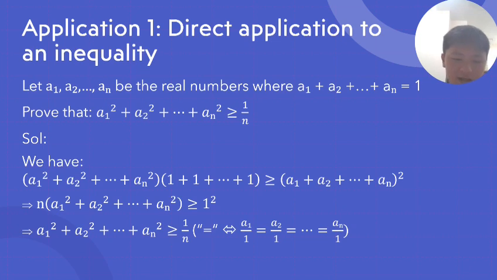Therefore, n multiplied by (a1 squared plus a2 squared plus dot dot dot plus an squared) is larger or equal to 1 squared, because the sum of these n real numbers is 1. As such, we can prove that a1 squared plus a2 squared plus dot dot dot plus an squared is larger or equal to 1 over n. The equality holds when a1 over 1 is equal to a2 over 1, equal to dot dot dot, equal to an over 1, which means that all these numbers are equal to each other.